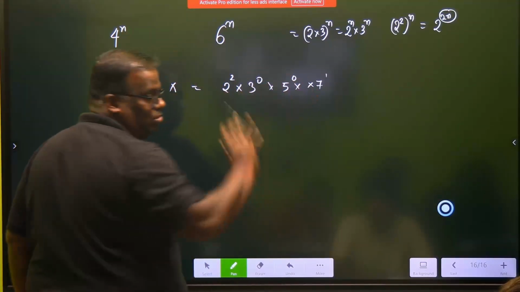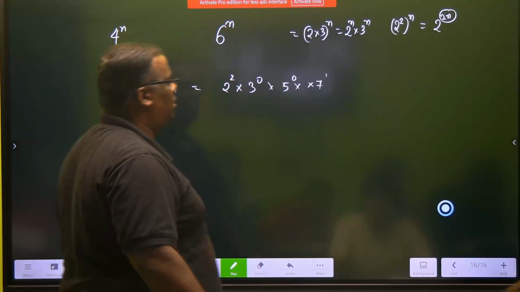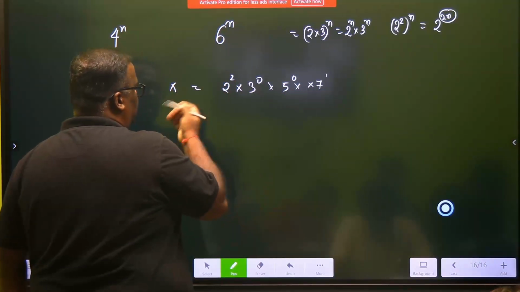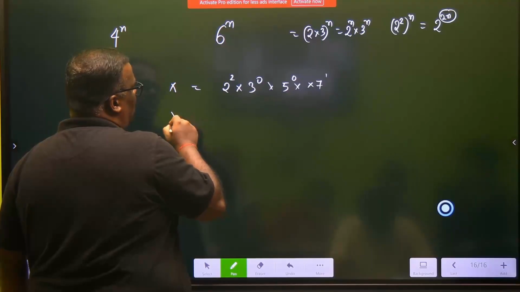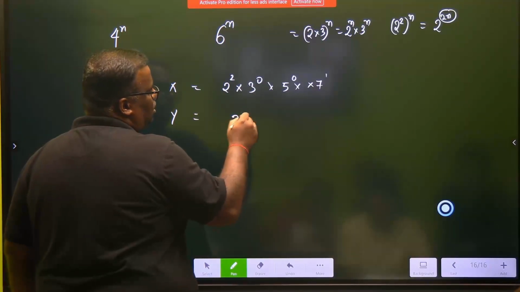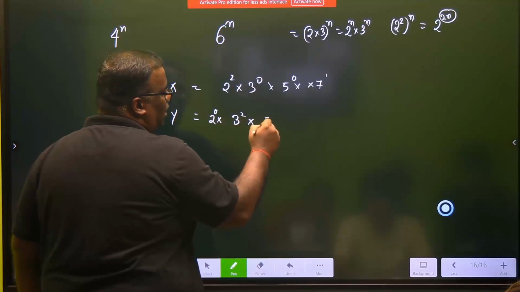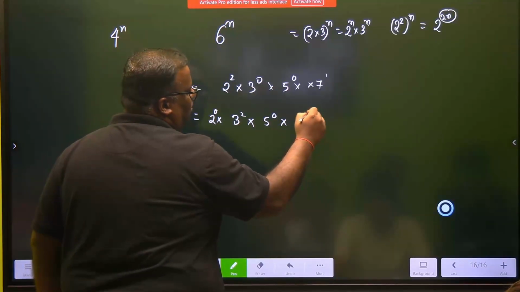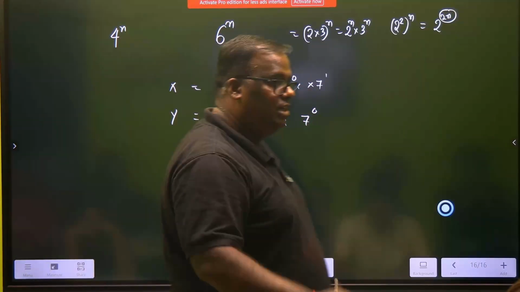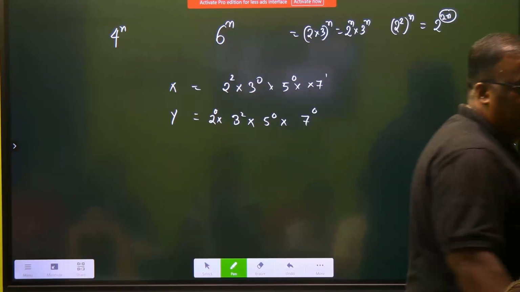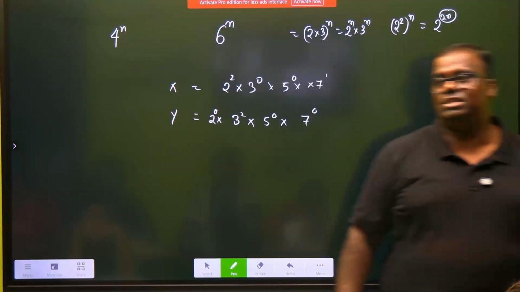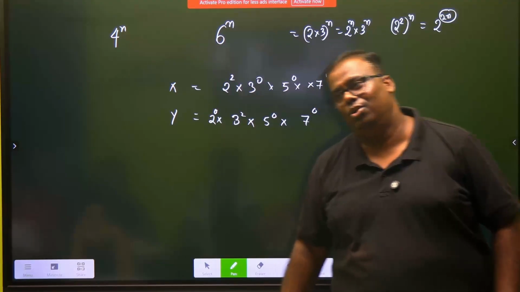And suppose y had only a 3 square. Then please make it 2 to the power 0, 5 to the power 0, 7 to the power 0, so that they are fine. Then take the call. LCM means take the highest power. HCF means take the lowest powers.